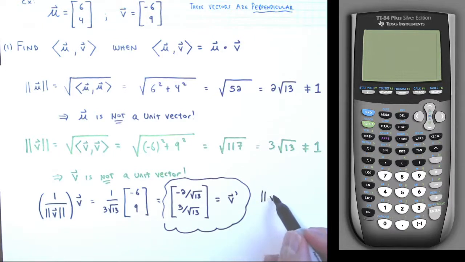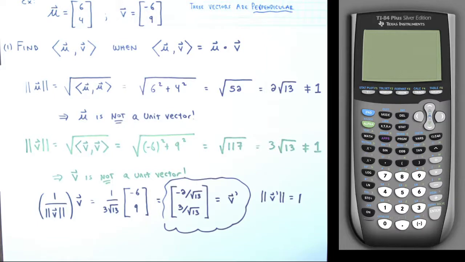The norm of this new vector v prime will be 1 unit. So there we have it, that's how you change orthogonal vectors into orthonormal vectors. You simply normalize each vector, multiply each vector by the reciprocal of its norm.